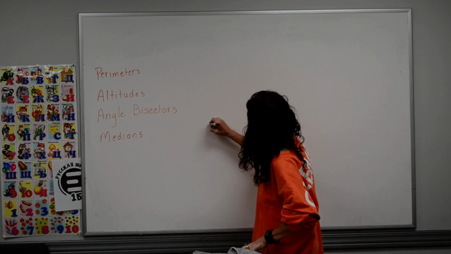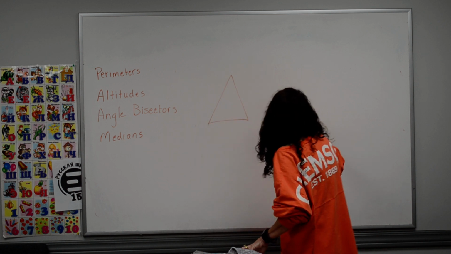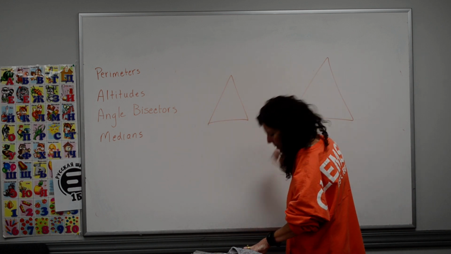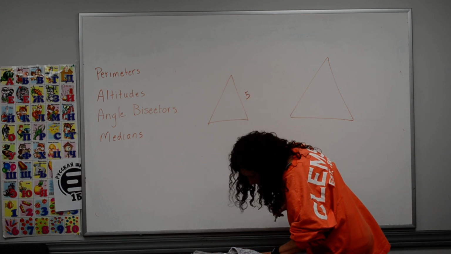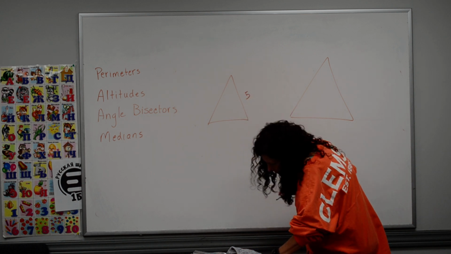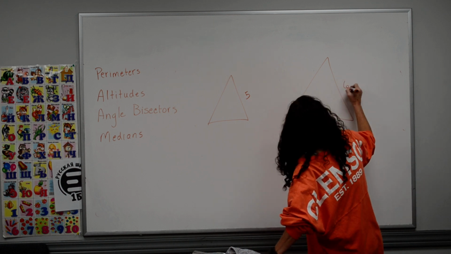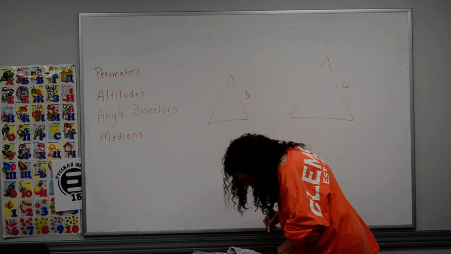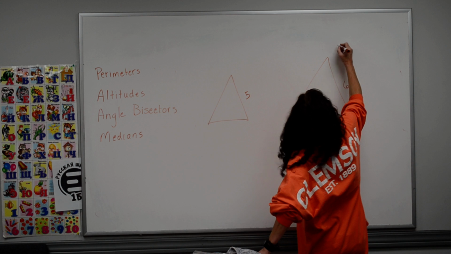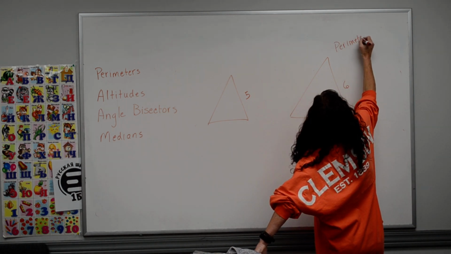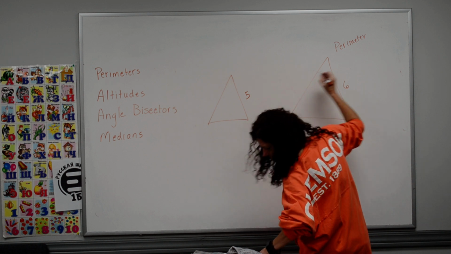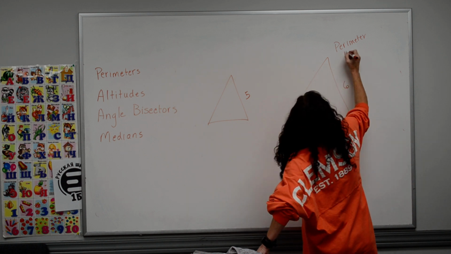This is one that has to do with the perimeter. I'm not even going to put letters out here, okay? This is a 5, and this is a 6, and I know that the perimeter of this one is 15, okay?